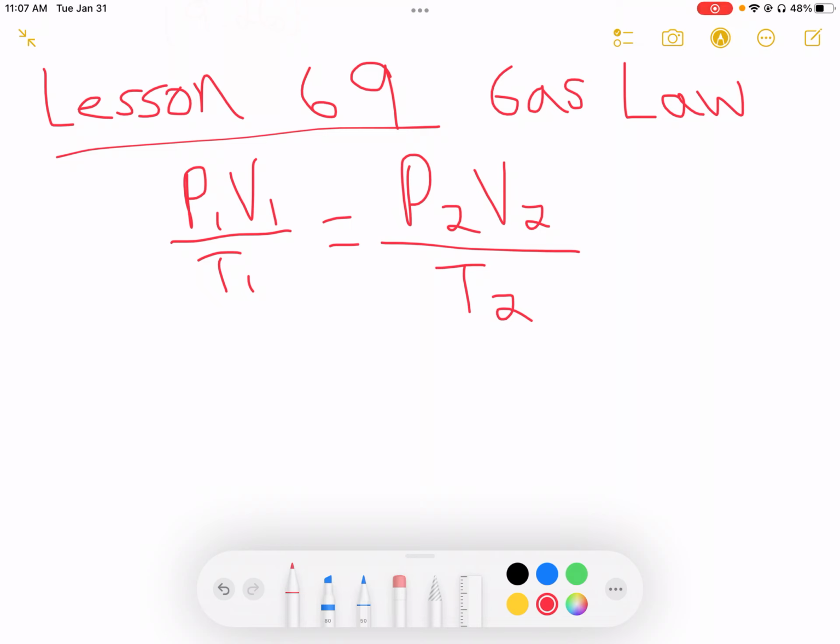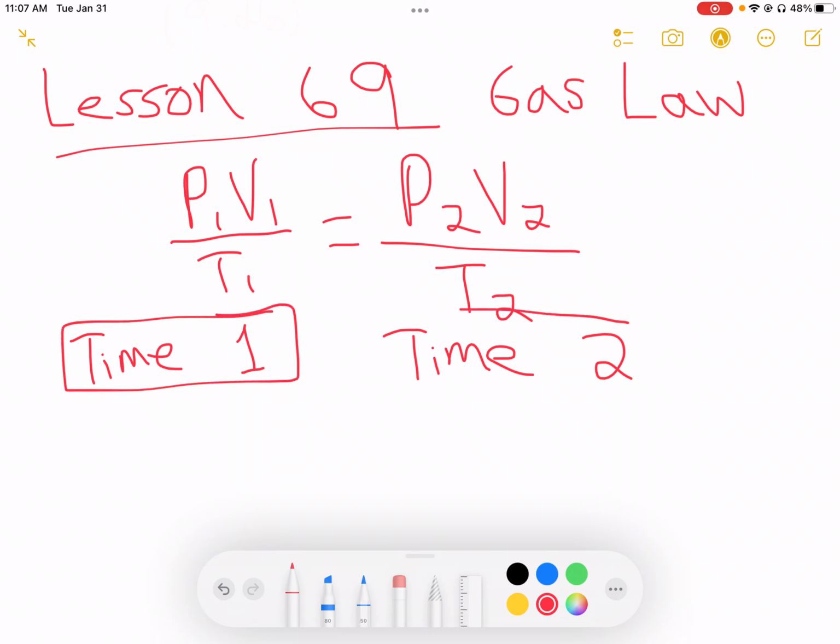So this is at time 1, and this is at time 2, or some later time. Time 1, time 2, so that's what all the ones and the twos mean in the subscripts.